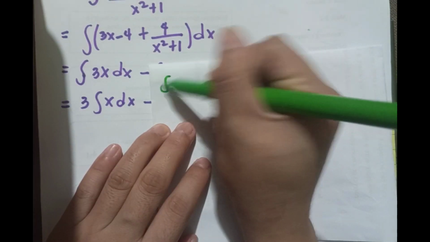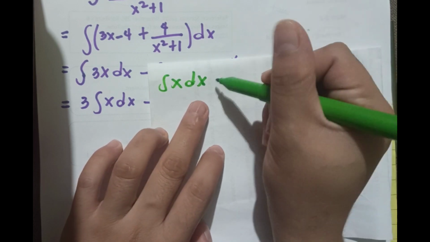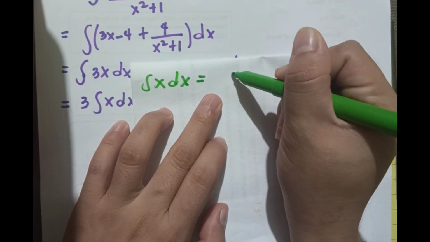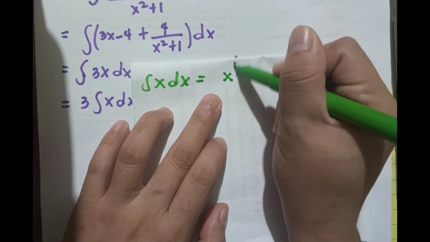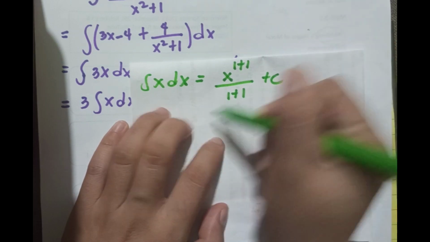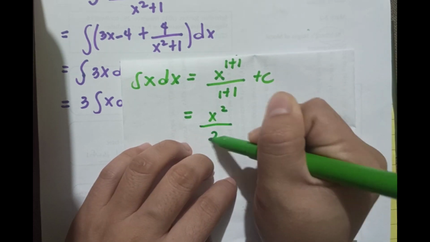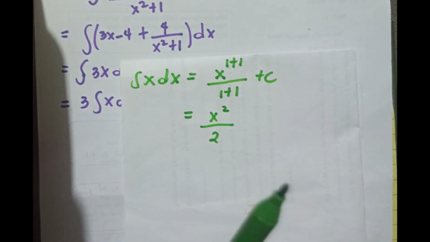Then let's find first the integral of x dx. Since x has the power of 1, let's add 1 to its exponent. So that is x to the power of 1 plus 1 over 1 plus 1 plus c, which is equal to x squared over 2 plus c.